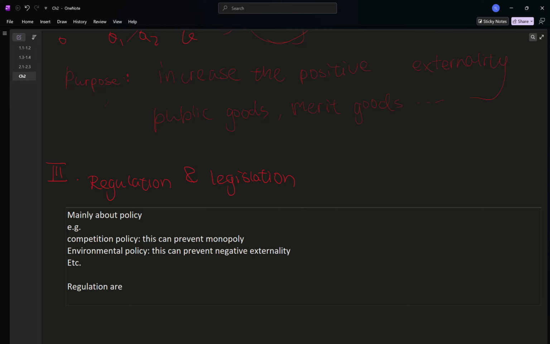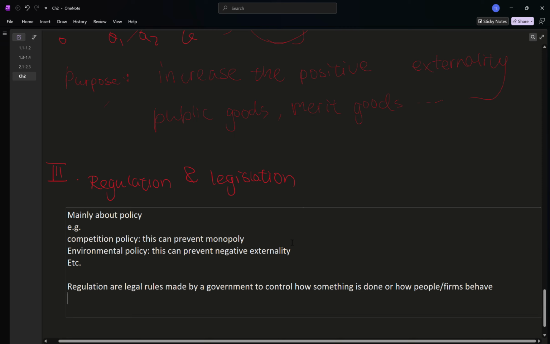Let me give you a regular definition. Regulations are legal rules made by a government to control how something is done or how people or firms behave.